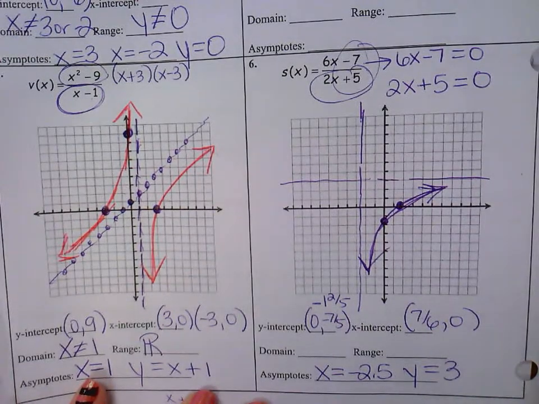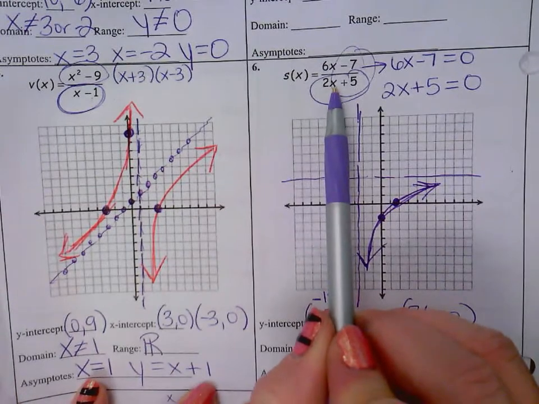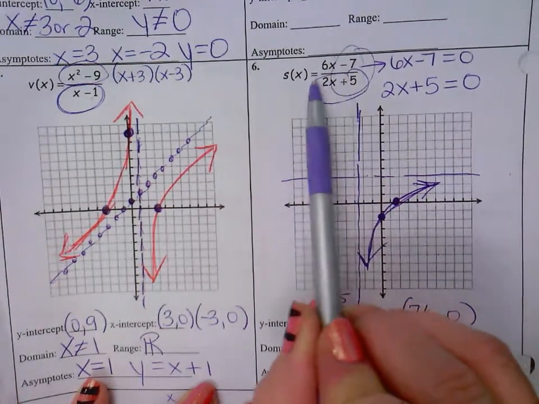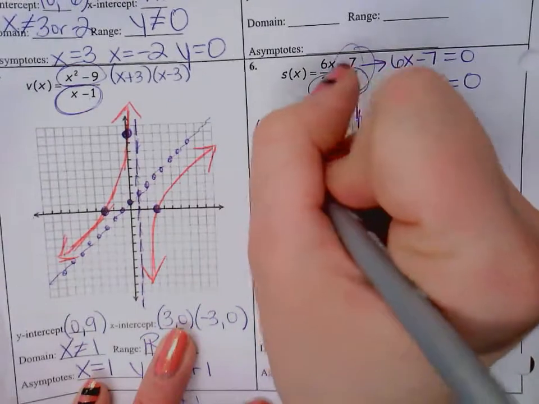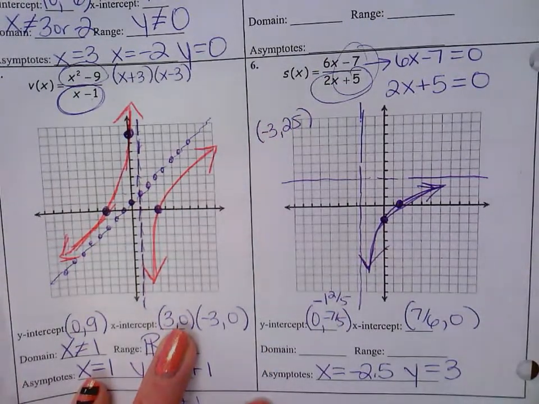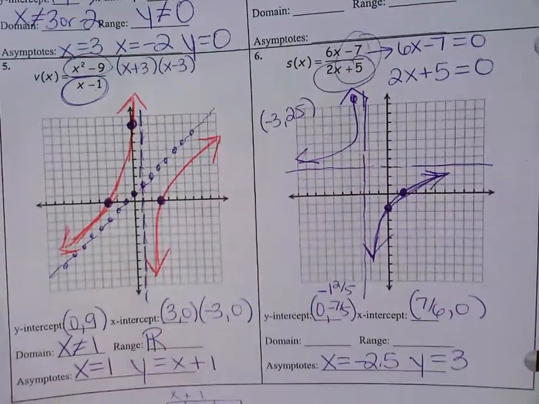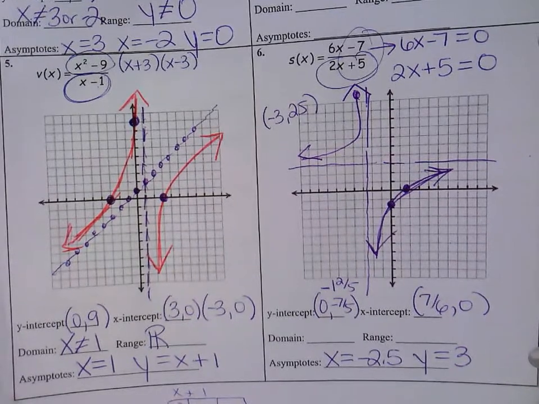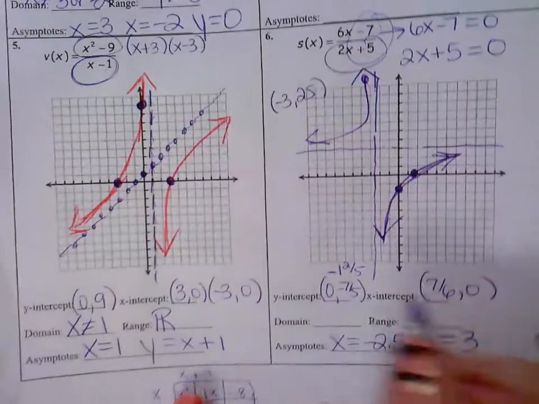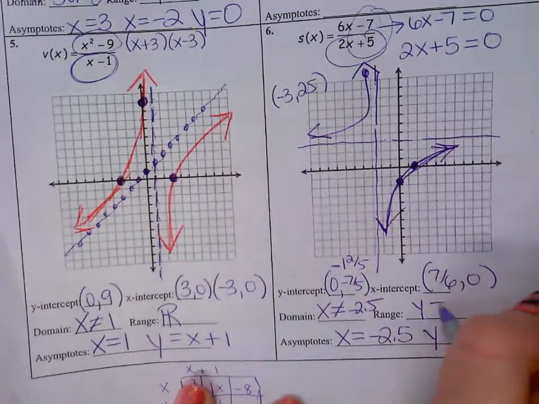Let's see. -3 times 6 minus 7 is -25. And then if I plug in -3 here, I'll have -1 in the denominator. So at -3, it's at +25. So I won't expect you to calculate a big value without a calculator, but we did kind of prove that the elbow would be in the top left. And then my domain, x cannot be -2.5 and y cannot be +3.